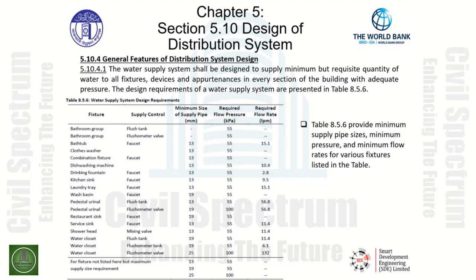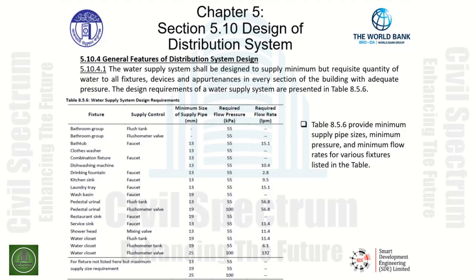When we stay in this column for the required flow pressure, we will look at another example of another type of fixture like a kitchen sink. A kitchen sink must have a required flow pressure, that is a minimum flow pressure, at 55 kPa.